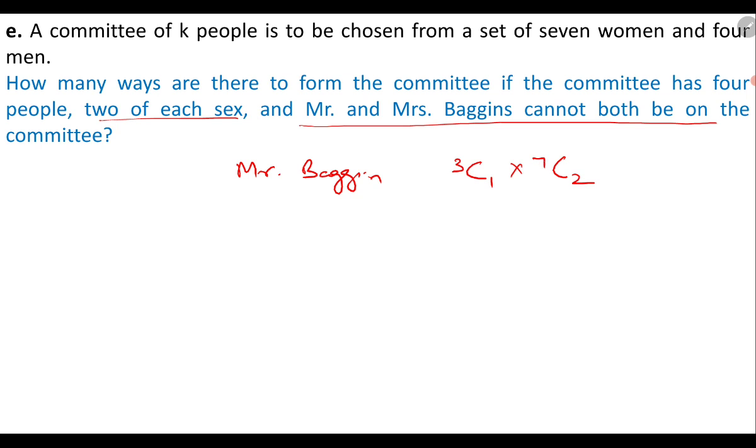Now this should not be 7, because I already know that when Mr. Begin is there, then Mrs. Begin is not there, so the remaining women are 6. If Mrs. Begin is there, I need 2 men and 1 woman, and if both are not there, then I need 2 men and 2 women, and then I use the addition principle.